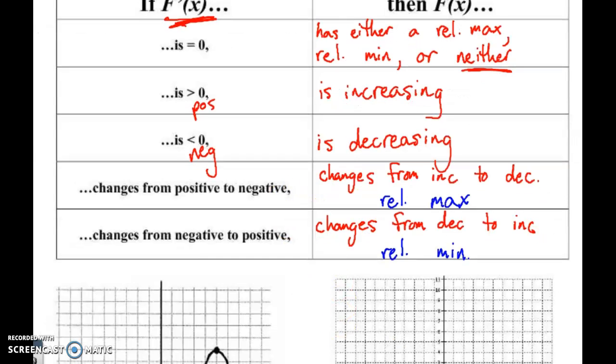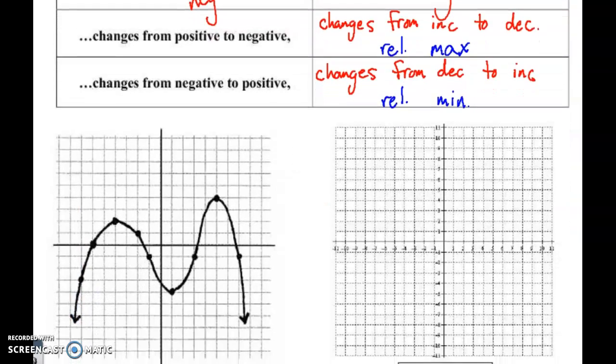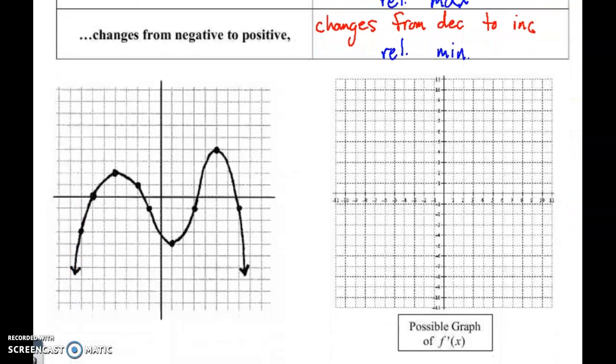All right, so I'm going to scroll down again. Feel free to pause at any point. What we have is a problem, and this is the same graph from a previous lesson. We'll call this f of x. If I'm asking you to find the possible graph of the derivative, what I look for is the maxes and mins, relative extrema, and I'm looking at the x values.